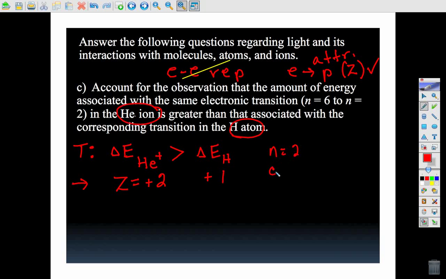That means that energy level 2 is going to be closer to the nucleus for helium, as will 6, but the difference is still going to be bigger. And that's because the change is going to be by Z squared, not just Z. So that means our change, that delta E, is going to be different.